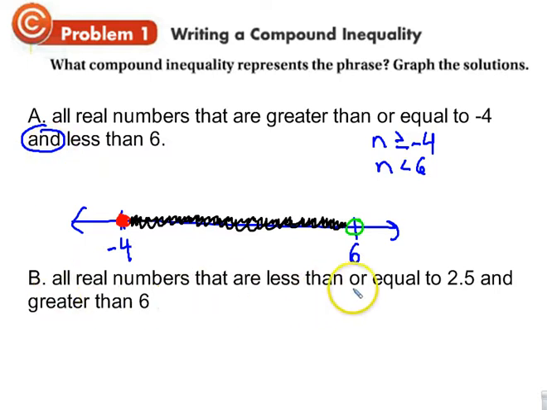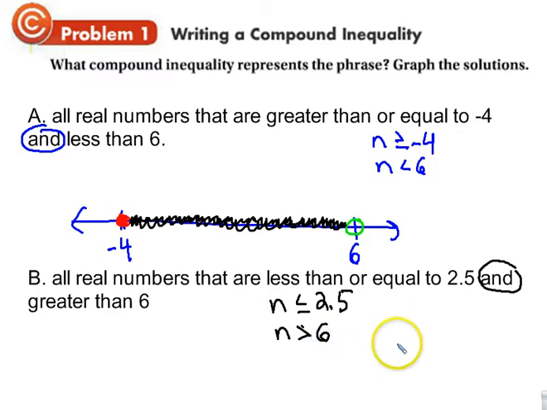All real numbers that are less than or equal to 2.5 and greater than 6. So the numbers that are less than or equal to 2.5 and greater than 6. The numbers that are greater than 6. Okay.